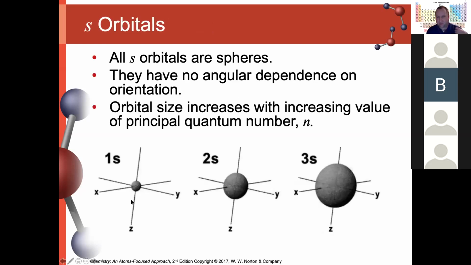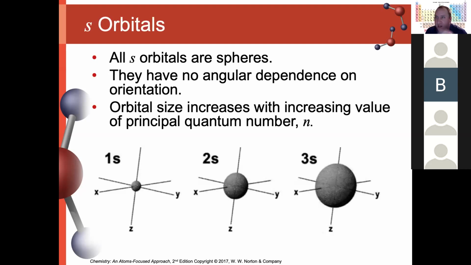So s orbitals. S orbitals exist in every single energy level. They are spherical in shape, and because of their spherical nature, there is no three-dimensional orientation differentiation that we need to worry about. It's not like some of them are pointing in one direction and some in another.